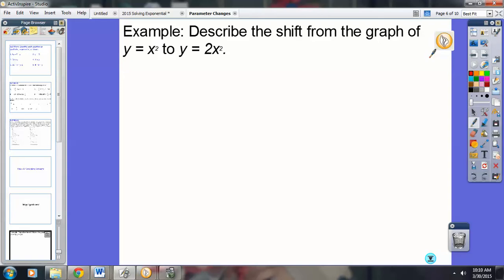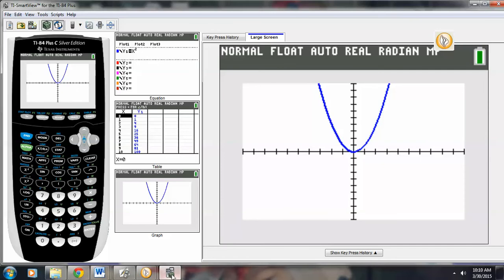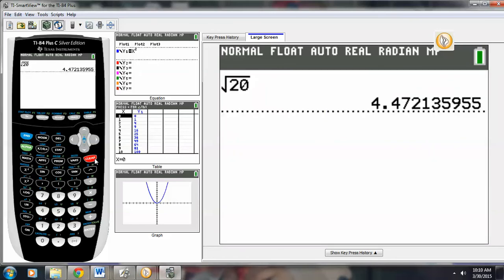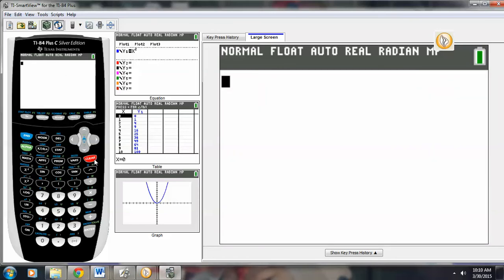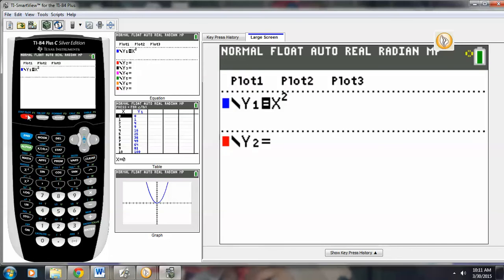So we're going to go ahead and graph these on our calculator. We're going to type in y equals x squared. Go to your graphing calculator, if you would. Where do we go to type in our equation that we want to graph? Y equals. Now, clear anything else.